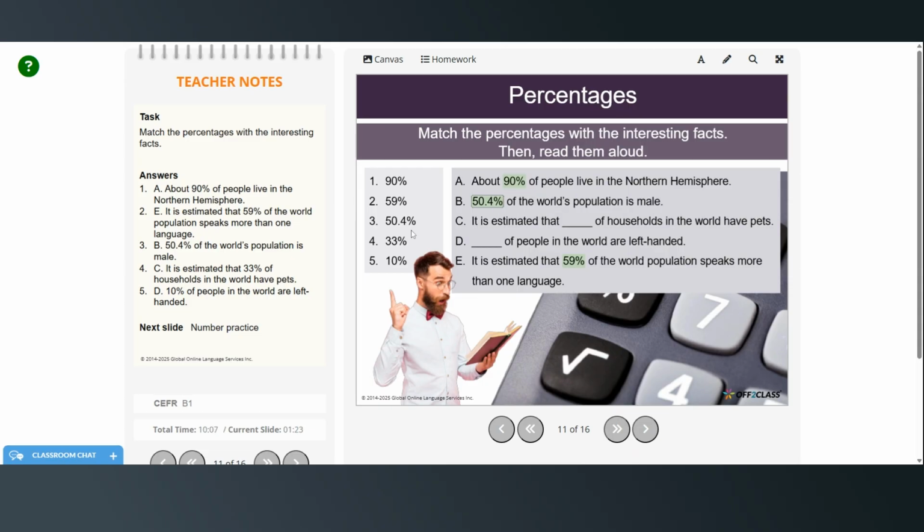And number 4, it is estimated that 33% of households in the world have pets. And letter D, 10% of people in the world are left-handed.